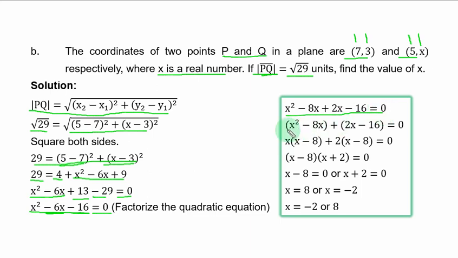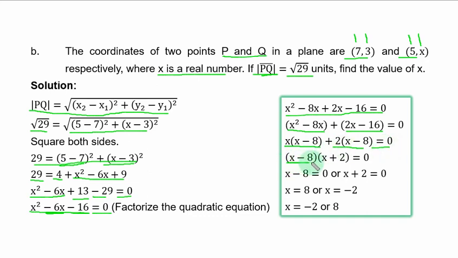The first two terms form the first group, the last two terms the second group, equal to 0. From the first group, you factor out s, you are left with s minus 8, and from the second group, you factor out 2, you are left with s minus 8 as well. Clearly, s minus 8 is common.